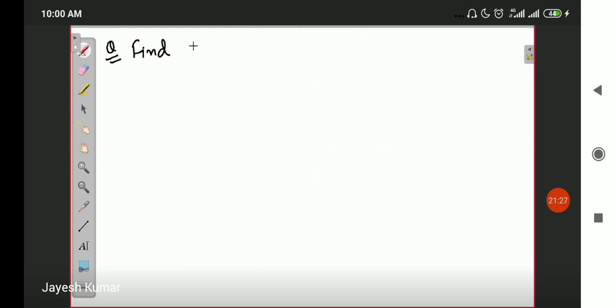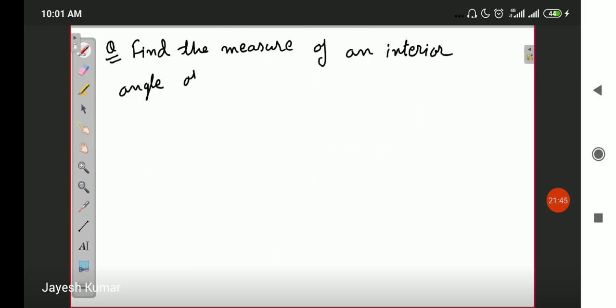Find the measure of an interior angle of a regular polygon. I'm taking part A for both of these. This is question number 4. I will take part A for question number 5 as well. Part A is an octagon.